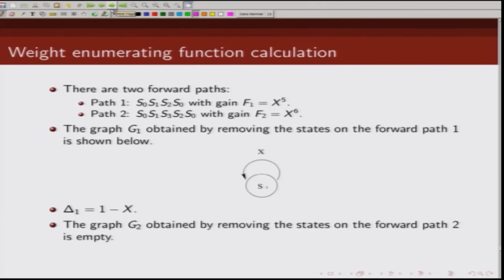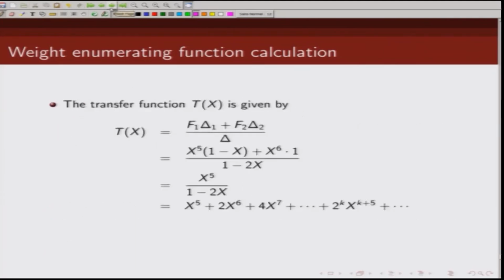So, I can then apply Mason's gain formula to get the weight enumerating function. The weight enumerating function is given by this expression. I plug in the values of f1, delta 1, f2, delta 2 and delta, and what I get is this expression, which I can write like this. You can see my output consists of one code word of weight 5, two code words of weight 6, 4 code words of weight 7.